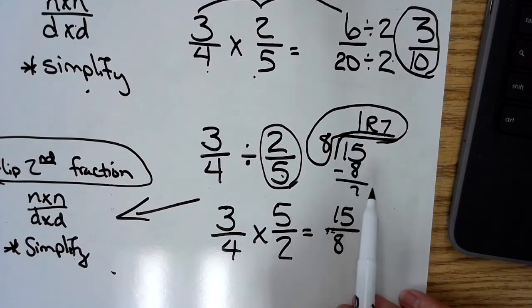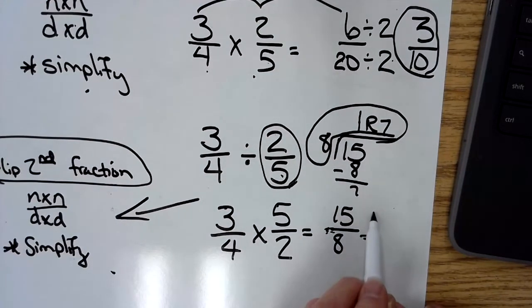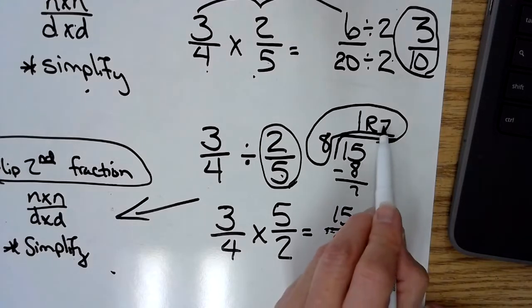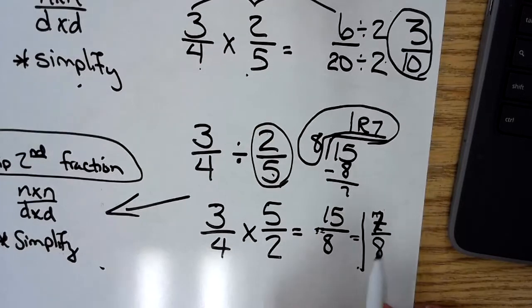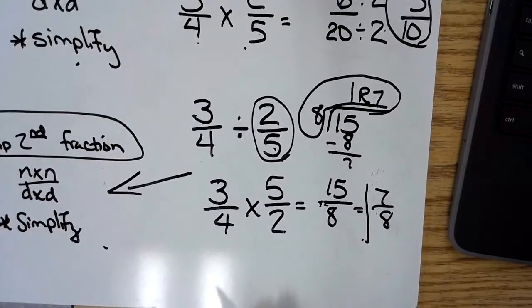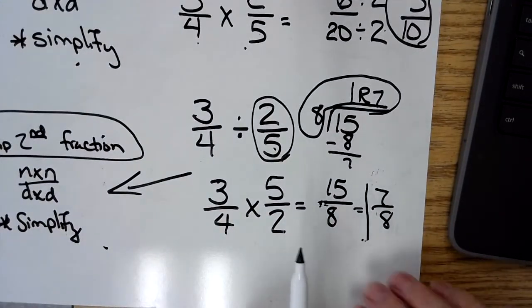The 1 whole time that it went in is its whole number. The remainder is the new numerator, and the 8, which was the denominator, stays the same. I call it the family name. They are 8s. 1 and 7/8. Now I can't divide any of these by anything to make them more simple or reduced. They already are. So my final answer is going to be 1 and 7/8.